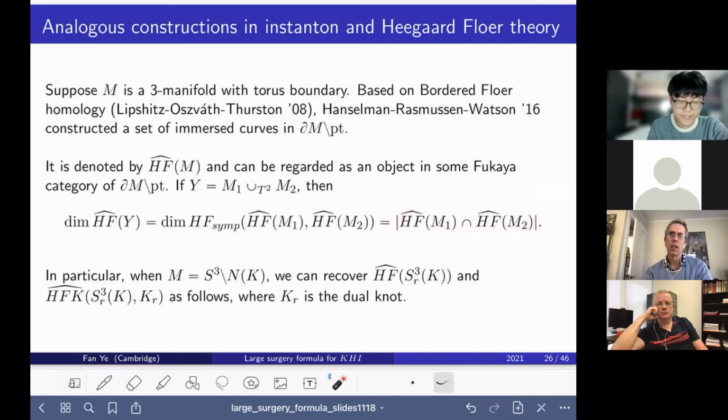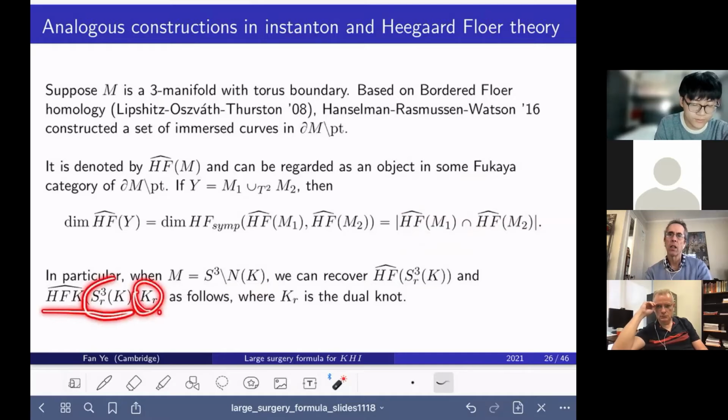So in our case, we just take M to be the knot complement, and then I will draw some examples about curve invariants so that we can recover the HF hat of the r-surgery and HFK hat of the dual knot.